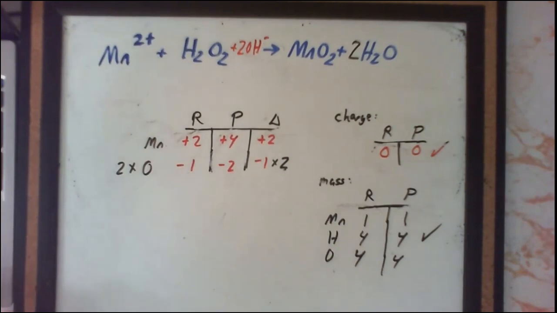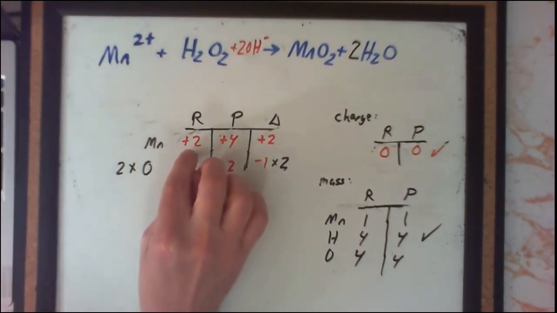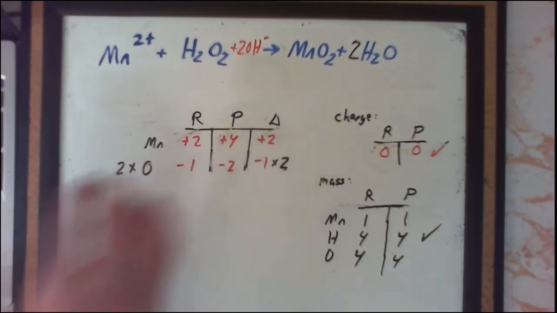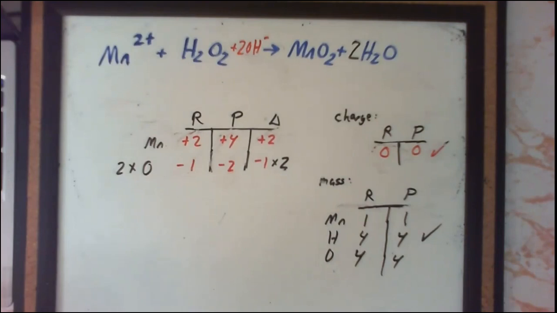Whereas in the half reaction method, you can completely not know anything about oxidation numbers and still be able to balance the redox reaction. So that's kind of the trade-off, I think, between these 2 methods. If you're good at oxidation numbers, I would probably suggest this method. If you're not so good at oxidation numbers, then perhaps the half reaction method might be an overall more efficient and maybe even more accurate method for you.